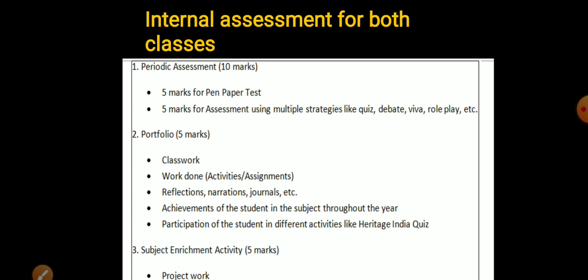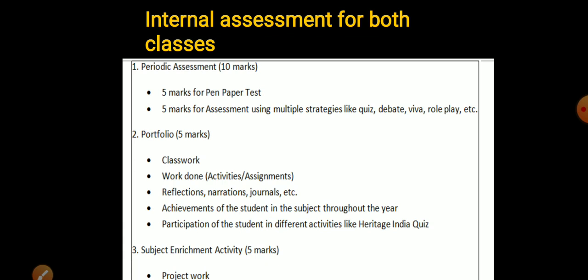Okay, then annual exam where you are going to face the board. The final exam for 10th standard children will be your board exam.